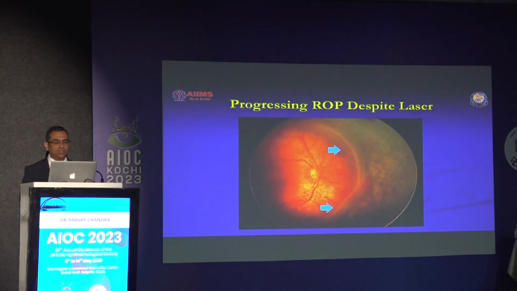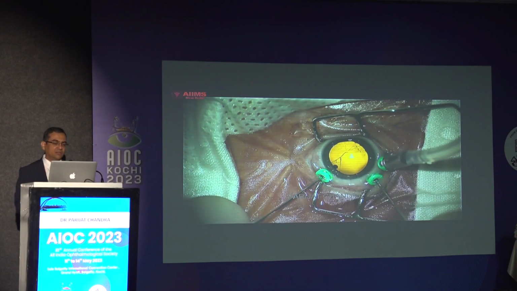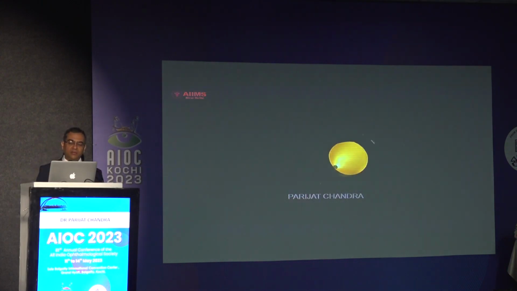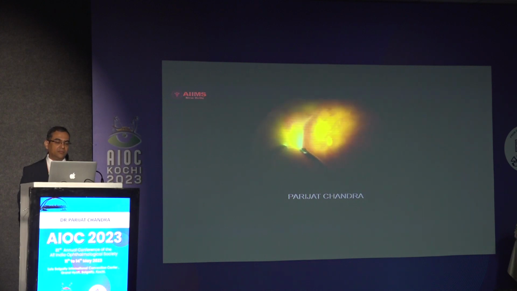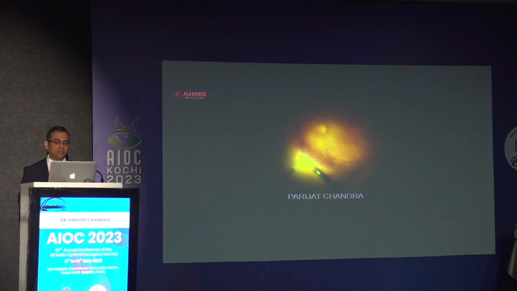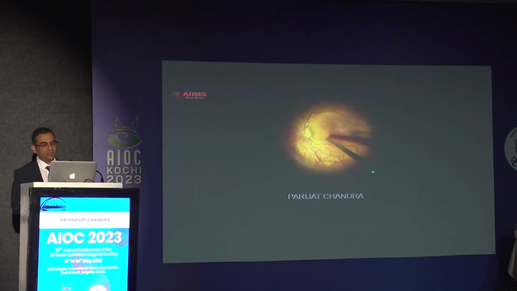Something else I like to do a lot, if you get progressive ROP despite laser, as you see it's already lasered, there's extensive traction happening here, extensive neovascularization. So again, a similar case you see here, and again I'm trying to remove it. All the traction is being relieved, and once you see all this traction is gone, then the vitrectomy is done over the ridge and all this is removed, and now here PVD is being done at the posterior part, as you can see here.